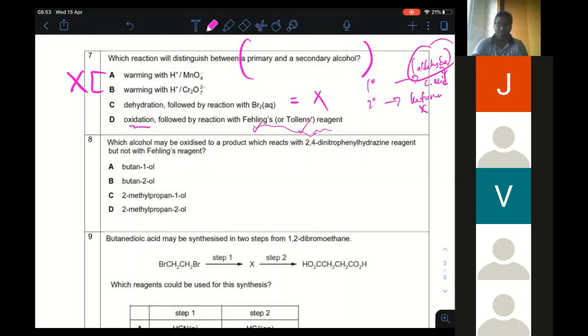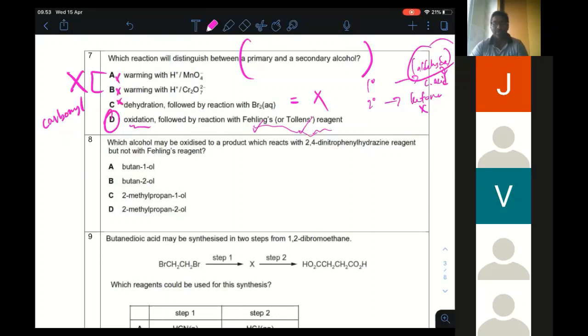This one is more towards the following chapter, the carbonyl compound. Fehling and Tollens can work by identifying aldehyde compared to ketone. So the best answer will be D. The rest, A, B, C, you cannot use to differentiate secondary and primary alcohol.